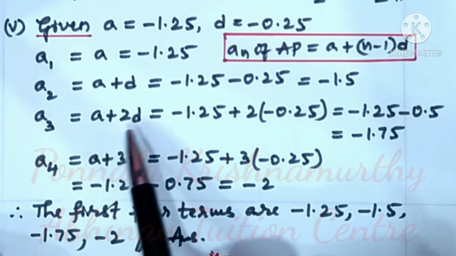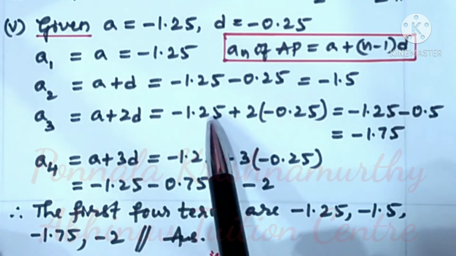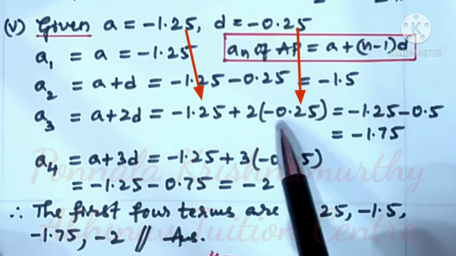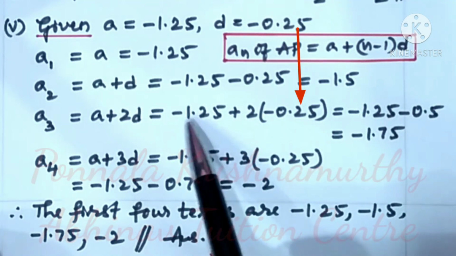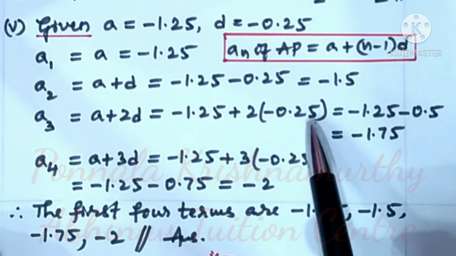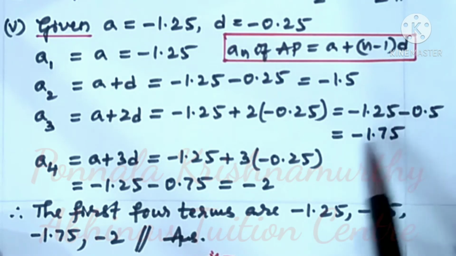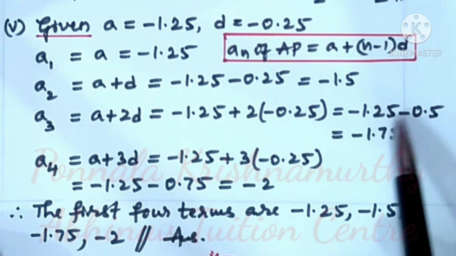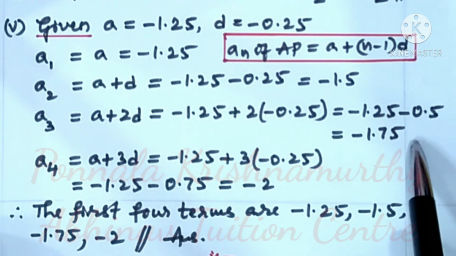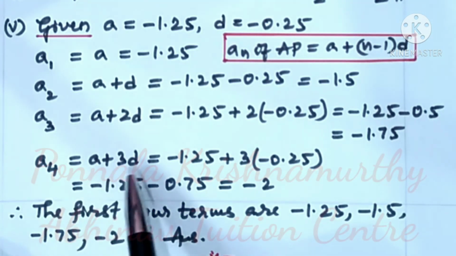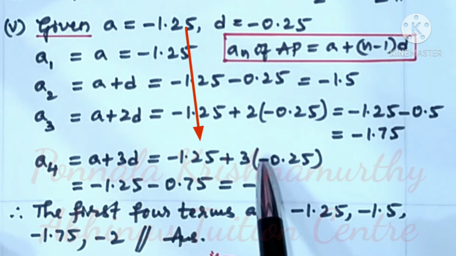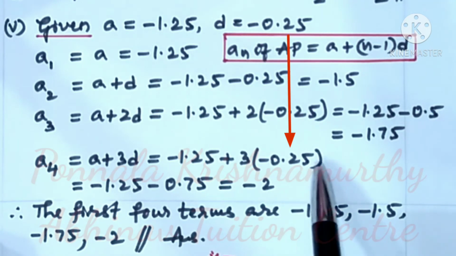a3 is equal to a plus 2d, that is equal to minus 1.25 plus 2 into d, which is nothing but minus 0.25. This is equal to minus 1.25 plus into minus. Minus 2 into 0.25 is minus 0.5. That is equal to same signs, addition, same sign. So this becomes minus 1.75. a4 is equal to a plus 3d, that is equal to minus 1.25 plus 3 into d, which is nothing but minus 0.25.